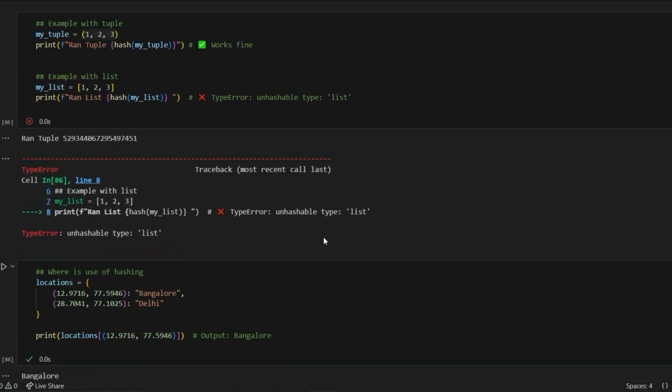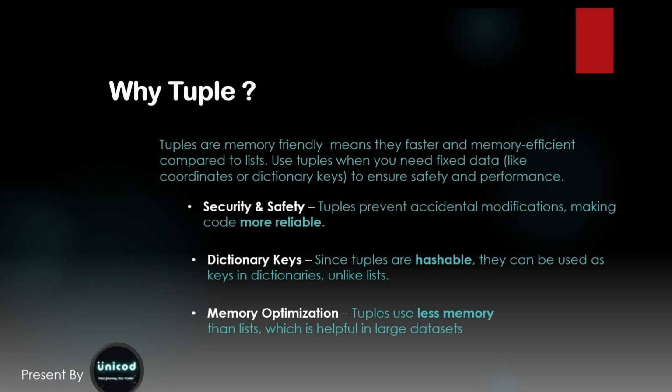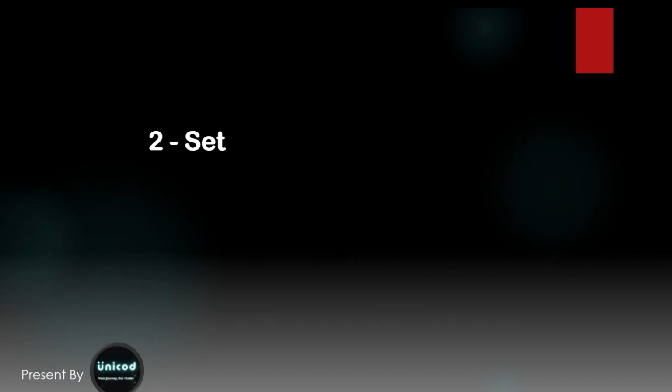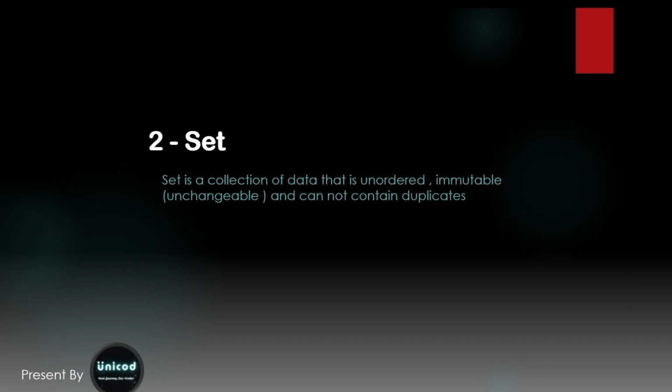Now we come to our second topic, sets. What is a set? A set is a collection of data that is unordered, immutable, and cannot contain duplicates. So a set is unordered, immutable, and cannot contain duplicates. So it is not similar to a list or tuple. We can create a set using curly brackets.